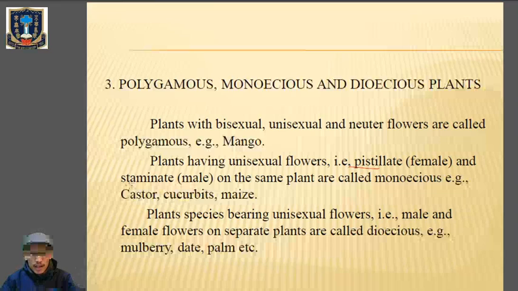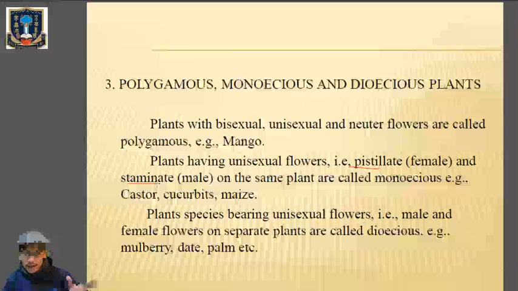Staminate, stamens, the male part of a flower. Plants having unisexual flowers, that is pistillate and staminate, on the same plant are called monoecious plants, like castor, cucurbits, and maize. Okay, I've made some simple mistakes.